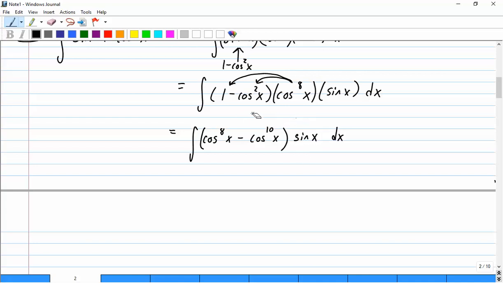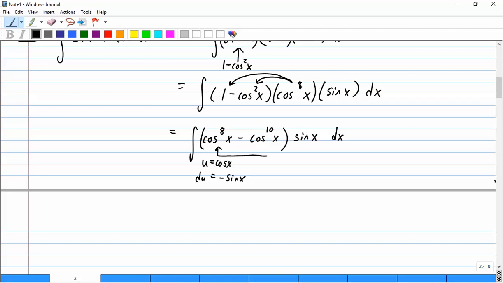I kind of feel like I'm trying to beat that into some of your heads and you probably get it, but that's a very important concept because we're going to use that same concept to do other things in this section. All right, so now for this integral, u equals cosine x. So du is going to equal negative sine x.